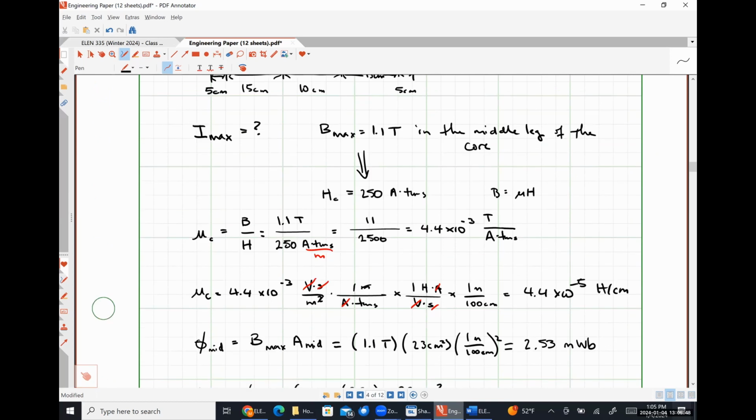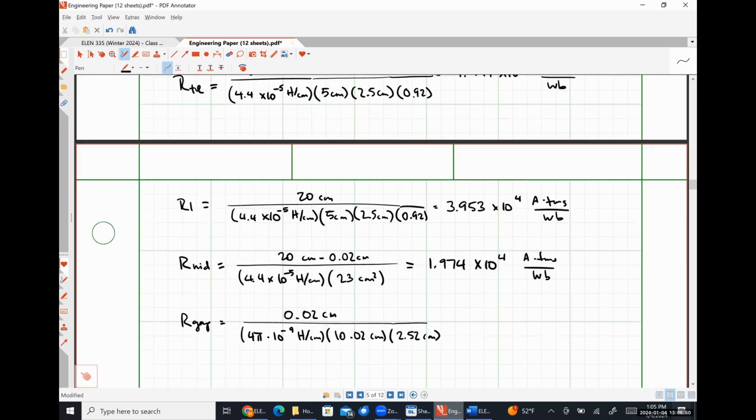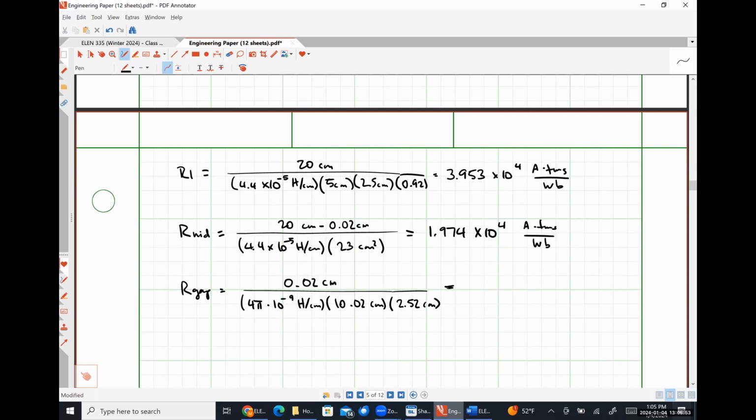Just double check that that width is 10. Yep. So 0.02 over 4 pi times 10 to the minus 9, 10.02, 2.52. 6.303 times 10 to the 4 amp turns per Weber.